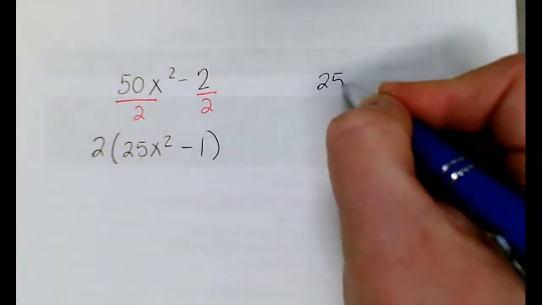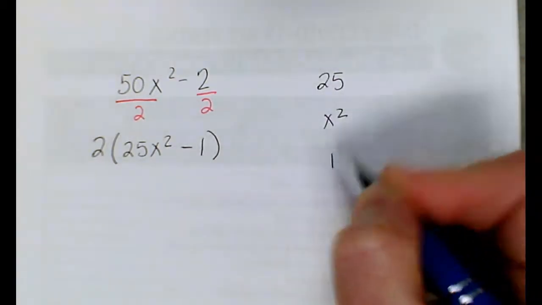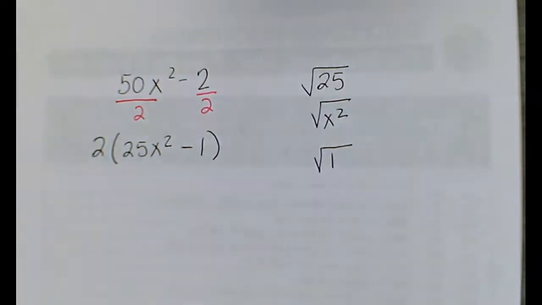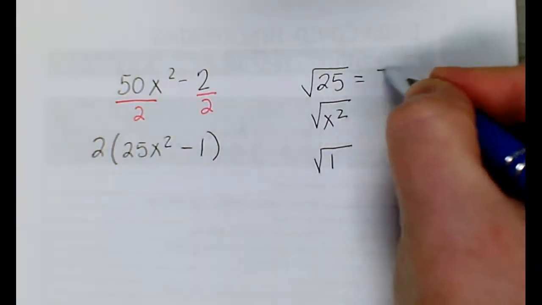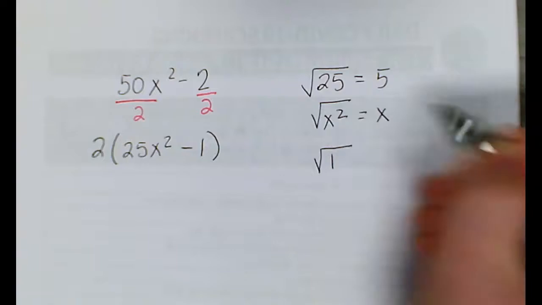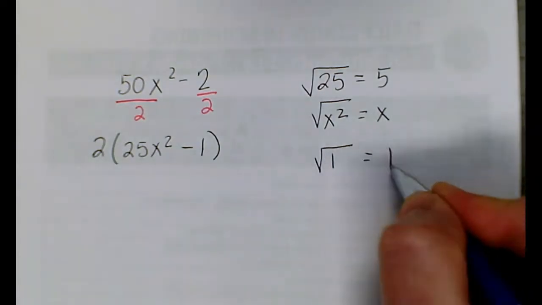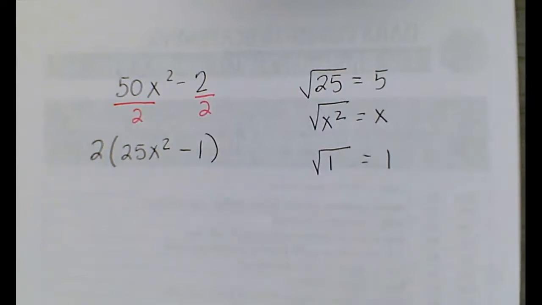The 2 is just going to sit out there in front. Looking at the 25, the x squared, and the 1. Are they perfect squares? Oh, what about 1? Do you know what the square root of 1 is? Because 1 times 1 is 1.